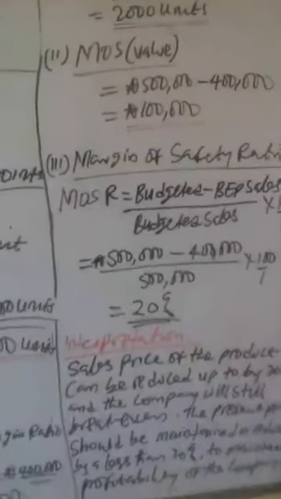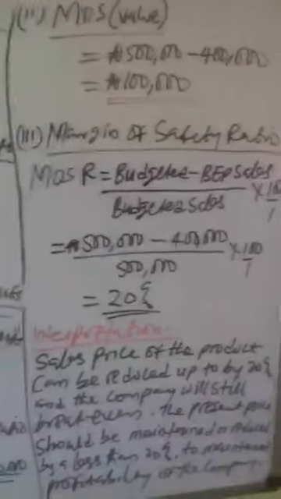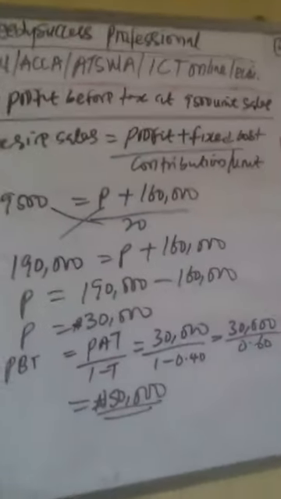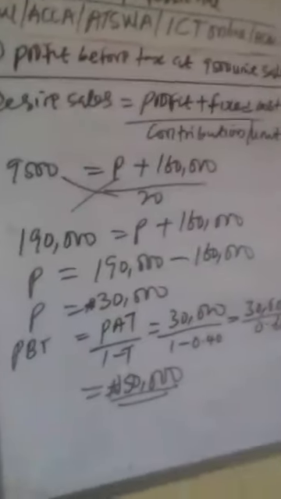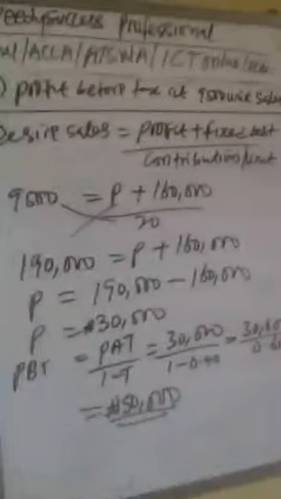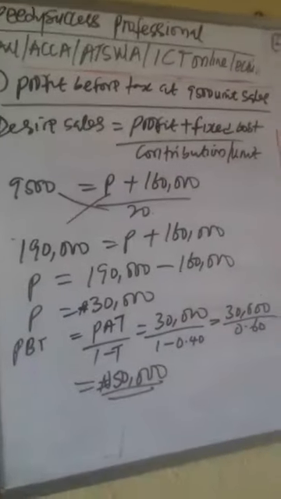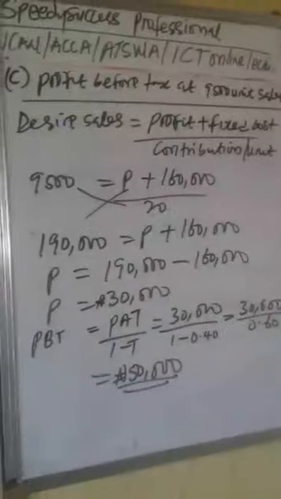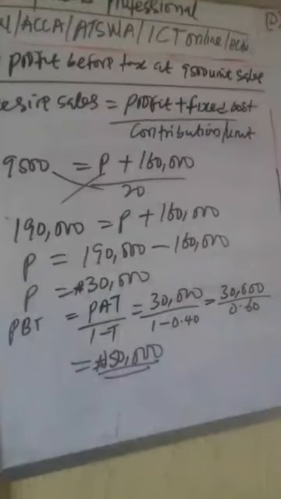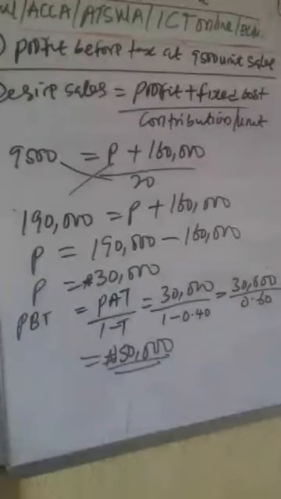Solution C is determining profit before tax. Now, the assumption in this place is that the profit we are getting from this break-even formula is profit after tax. Take note of that assumption. So we move ahead. The formula is profit plus fixed cost all over contribution per unit.